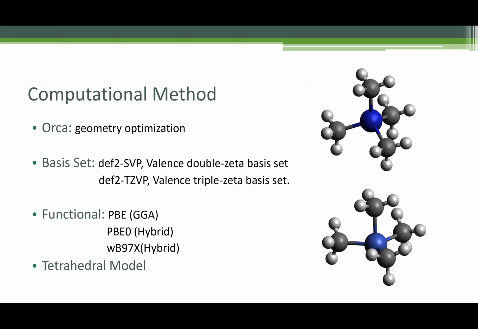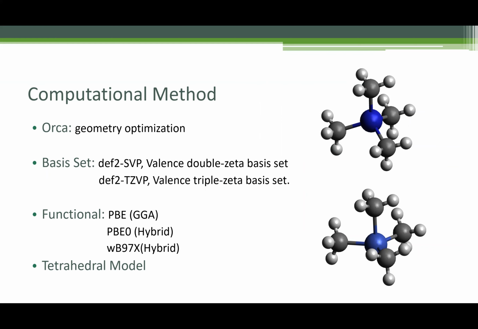In this project, I use ORCA to optimize the geometry and calculate the energy. ORCA is an ab initio quantum chemistry program that can be used for DFT calculations. I tested two basis sets.